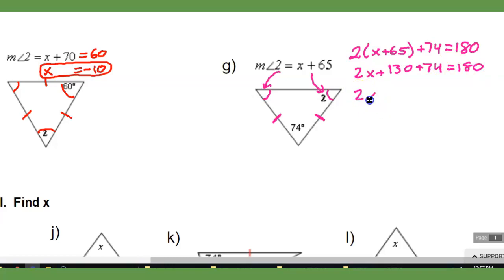Okay. And once again, we'll probably end up with a negative here, which is okay. That's perfectly fine.